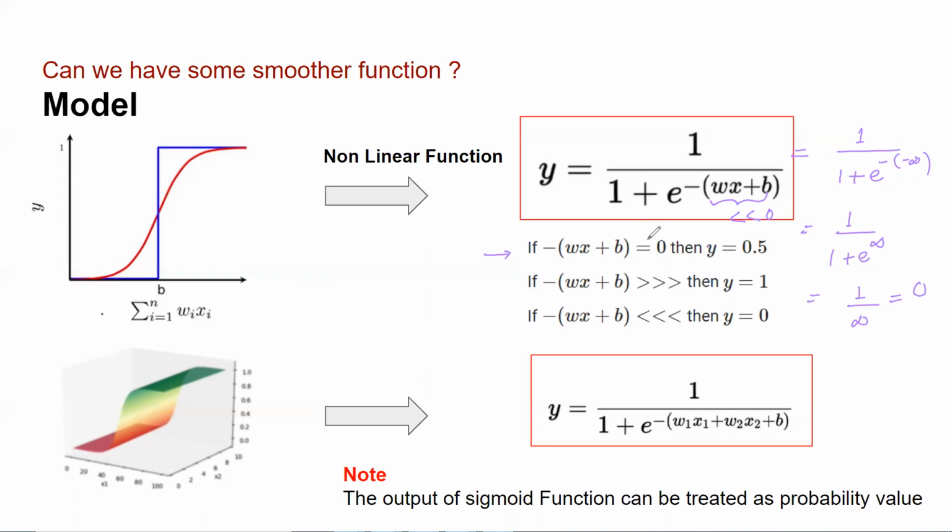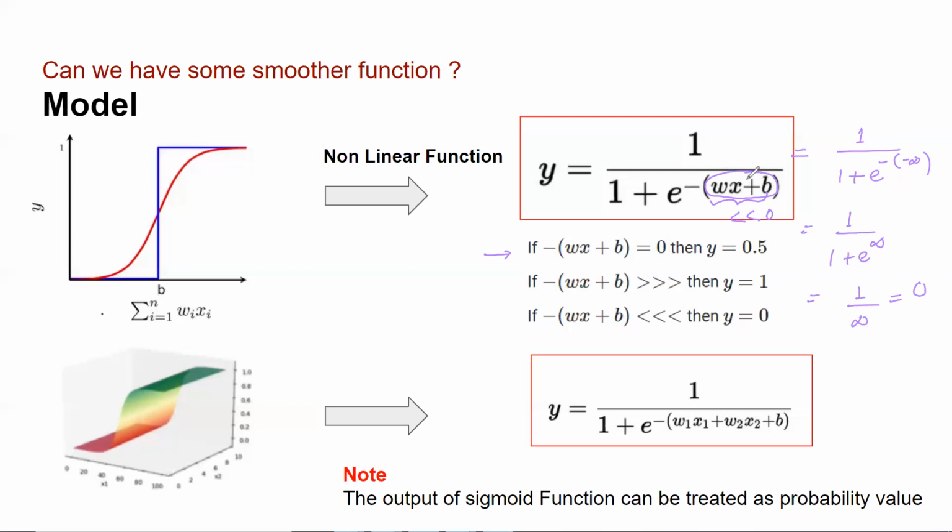When x is 0, wx is 0, but is b still there?